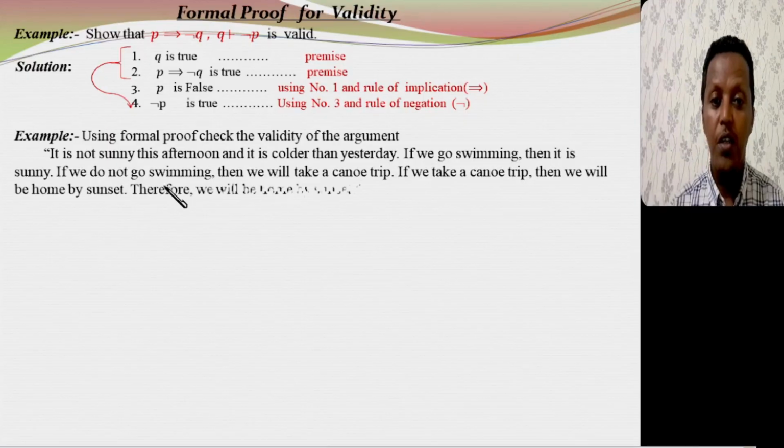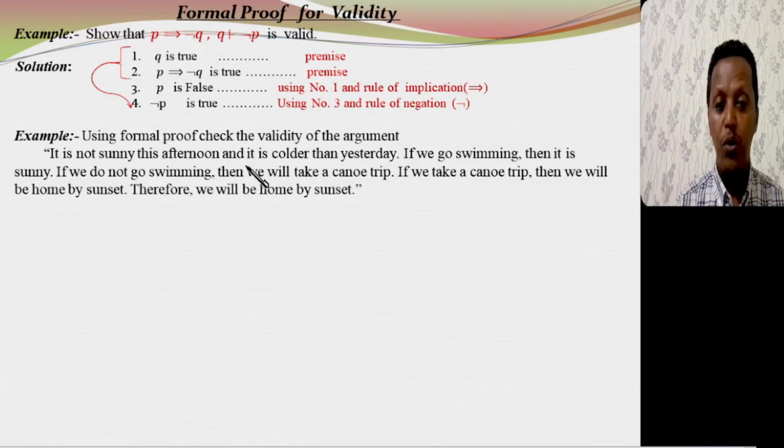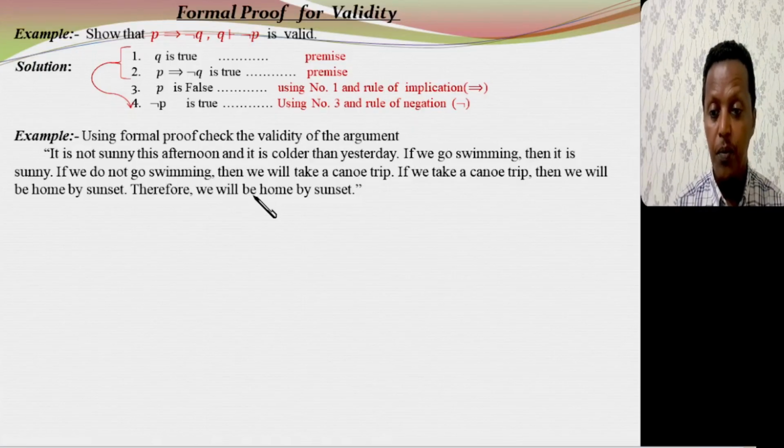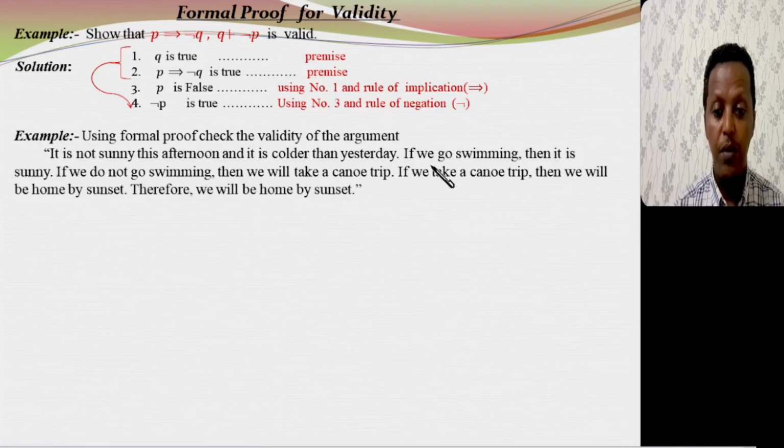Now for the second example, I'm going to consider an argument based on a verbal statement. So it says, it is not sunny this afternoon and it is colder than yesterday. The first premise. If we go swimming, then it is sunny. Second premise.